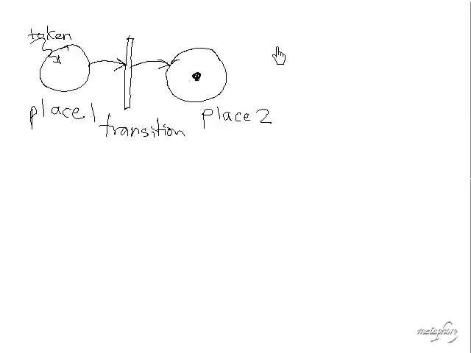Now there's no reason why we couldn't have yet another transition right here, and yet another place. And so at time 2, the token would move from here over here.